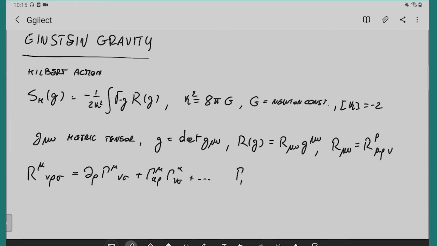And gamma is the Levi-Civita connection. And this is the Riemann tensor.